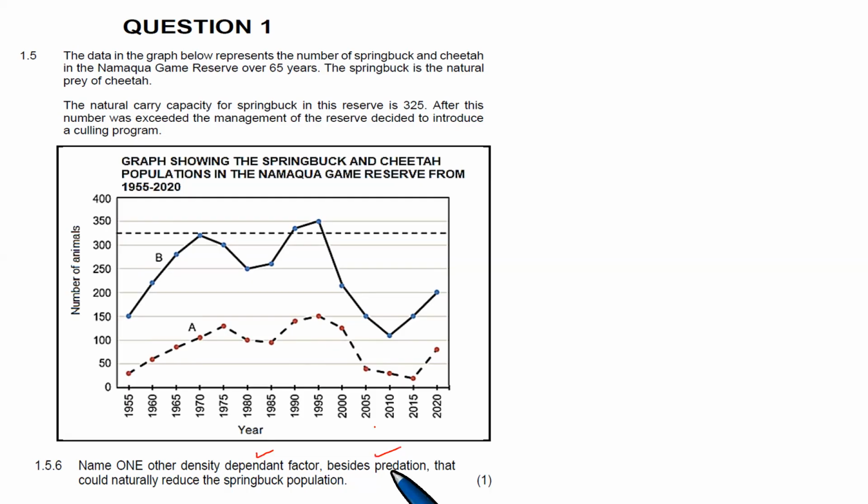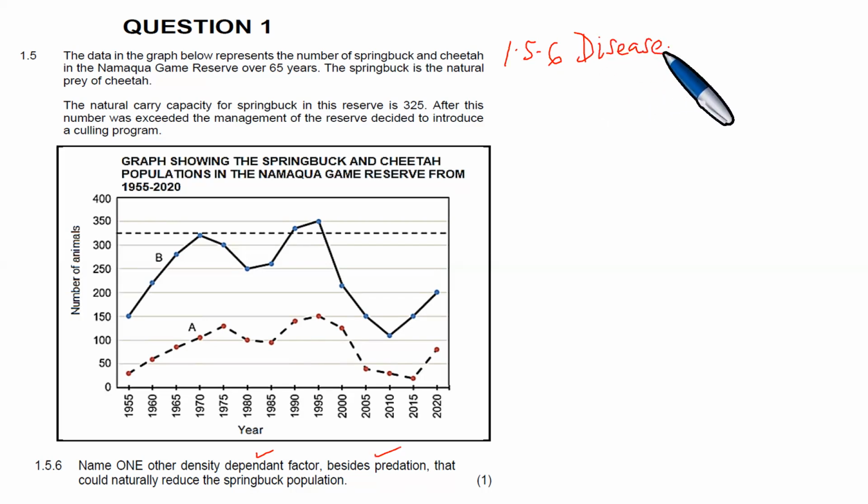It might not be that the cheetahs were eating the springbok, because they can just go down because of another issue. For instance, if a lot of the springbok die, they might be killed by a disease. And now we can't blame the cheetahs. So in 1.5.6, we are analyzing that, and we're saying there can always be a disease because they can get sick.